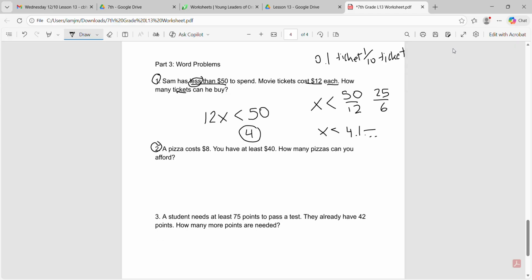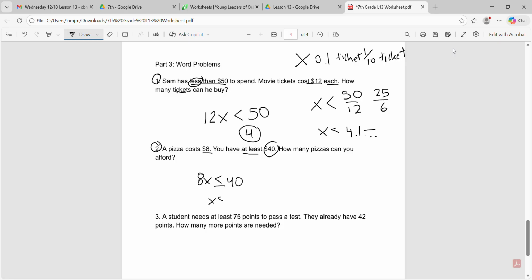Okay, question number 2. A pizza costs $8. You have at most $40. So less than or equal to. How many pizzas can you afford? So a pizza costs $8, you have at most 40. How many pizzas can you afford?